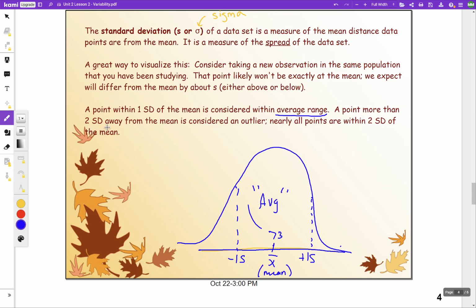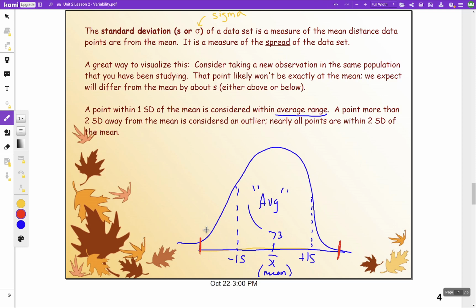Now, once you get more than two standard deviations away, right? If I marked off another range here in red, and I'm sorry, this graph is not perfectly symmetrical, but bear with me here. If you get a point that's way out here, that's so far away, it's two standard deviations away.